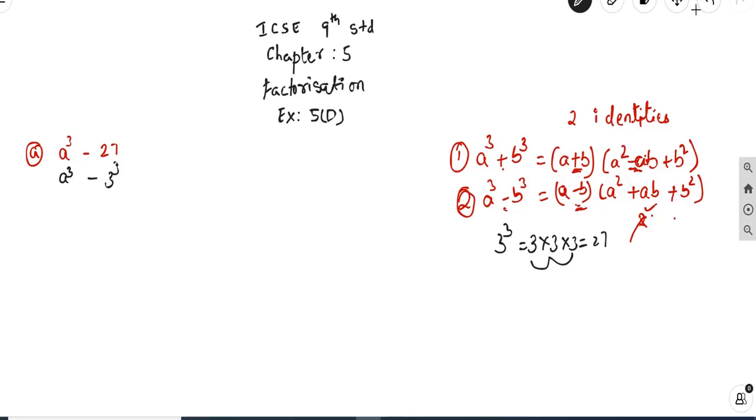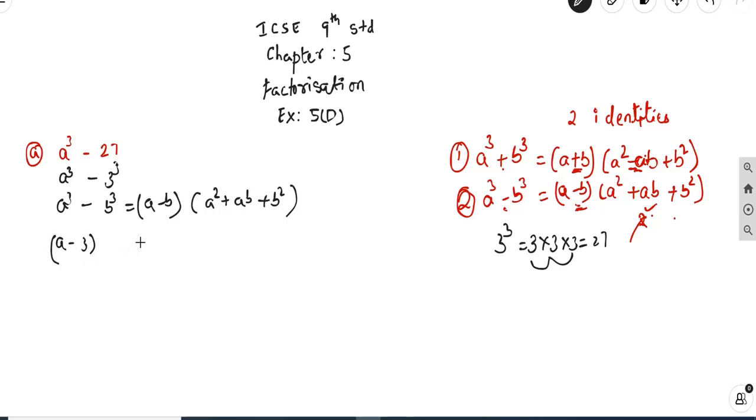This is in the form of an identity. Which identity is it using? a cube minus b cube. What is the formula for this? a minus b, open the bracket, a square plus ab plus b square. Here a is a and b is 3.